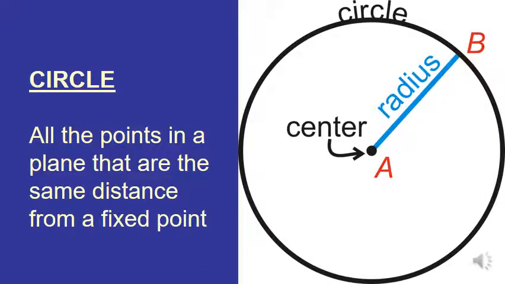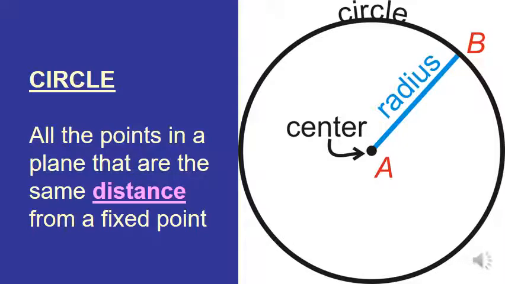You should remember that a circle is just all the points in a plane that are the same distance from a fixed point. The fixed point is the center of the circle, and the radius is that distance. The idea is that you could find all the points all the way around that you measure the radius out to, and what you end up with is a circle.